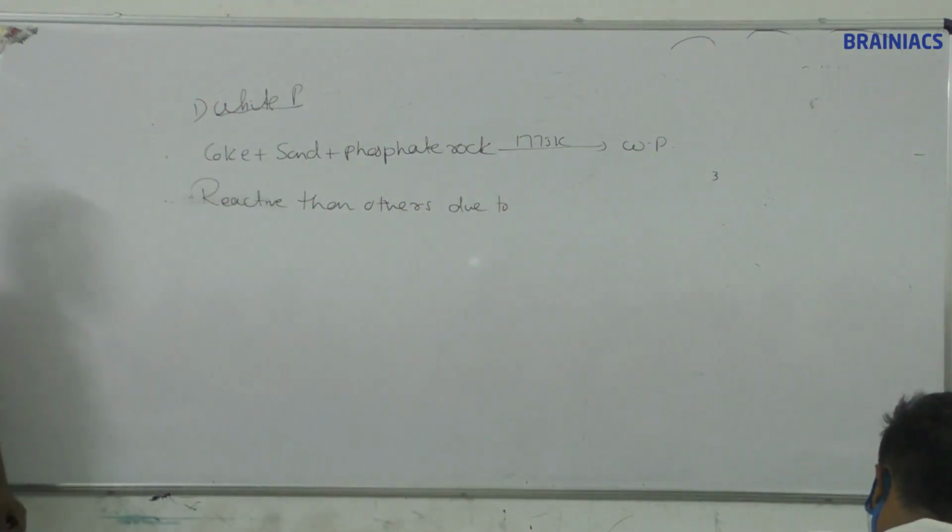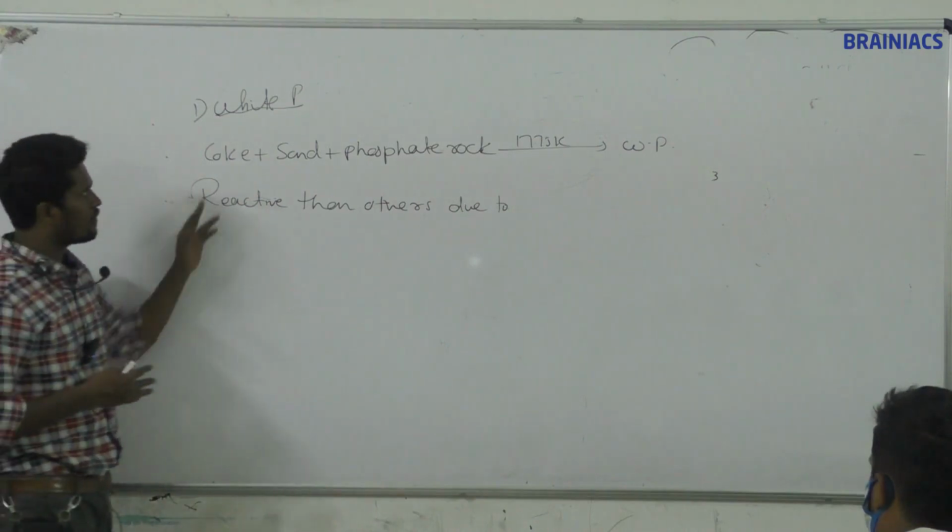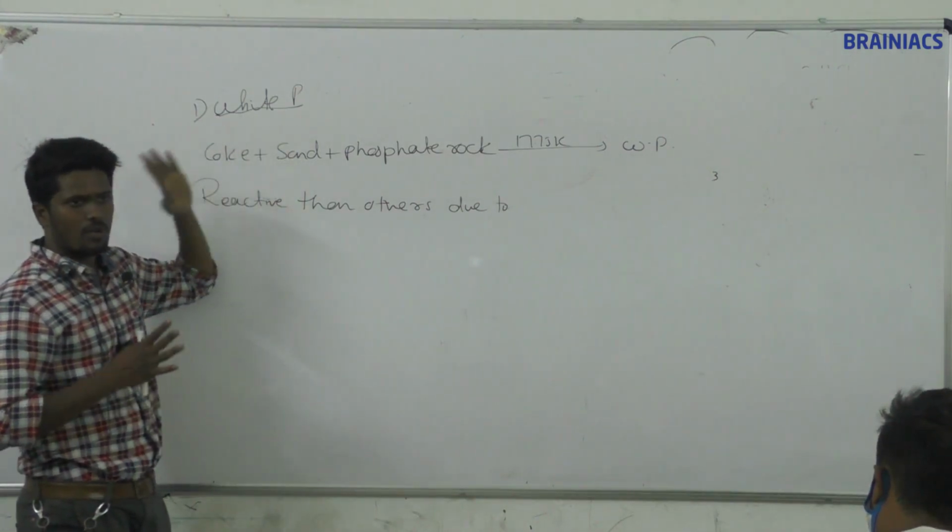Okay. So white phosphorus is the most reactive phosphorus compared to red and black. Which is the most reactive allotrope of phosphorus? White phosphorus.